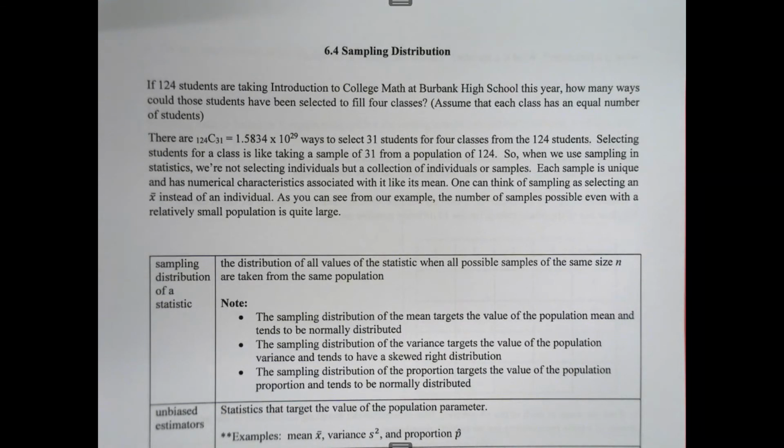So let's think about this. If there are 124 students taking ICM, or Intro to College Math, at Burbank High School this year, how many ways could those students have been selected to fill 4 different classes?